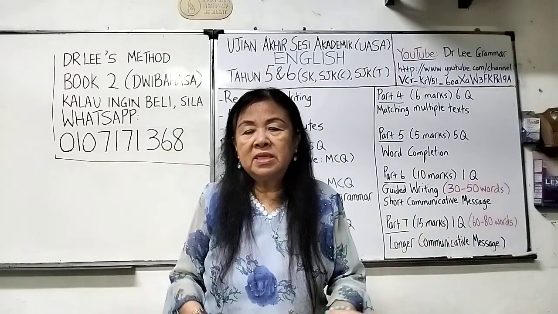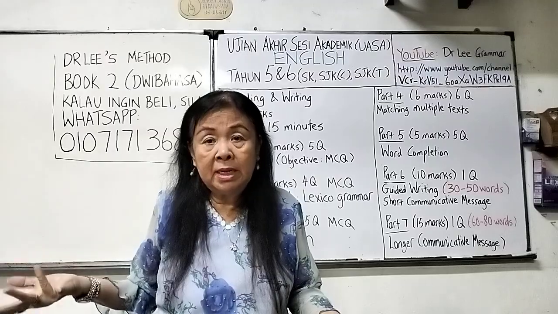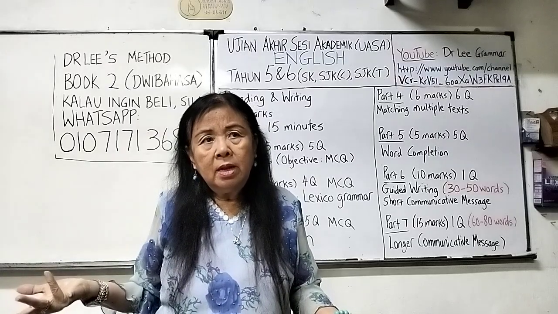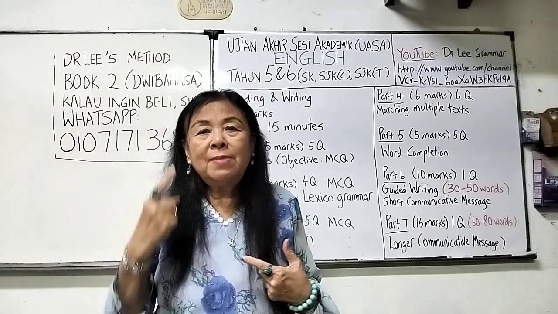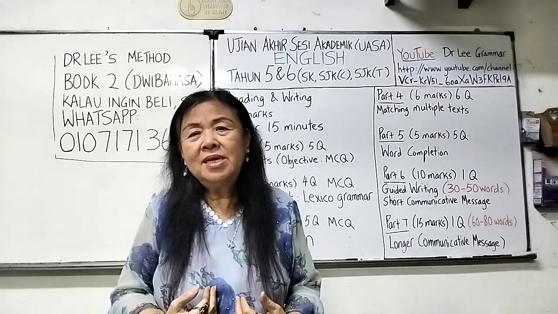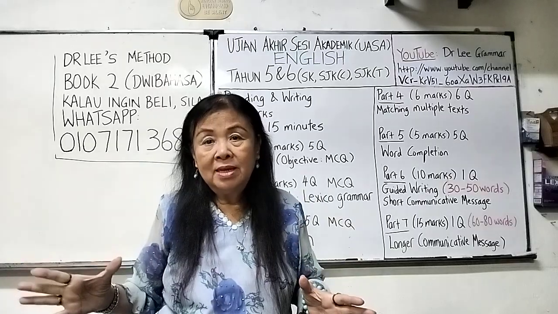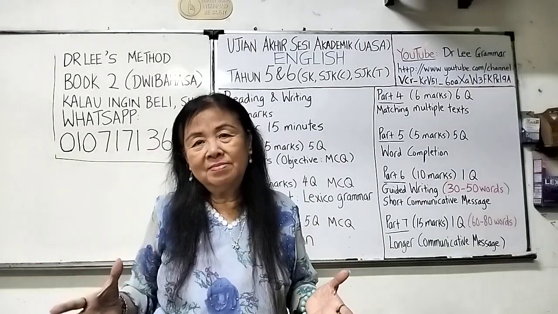And then for part 6 and part 7, I hardly have time to write, or I use up all my 1 hour 15 minutes. Now, what happens? Number 1, I cannot get full marks. It is very difficult for 5 parts to get full marks. It is possible but difficult.